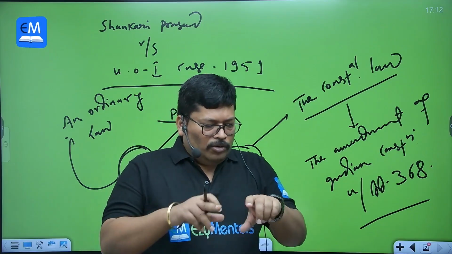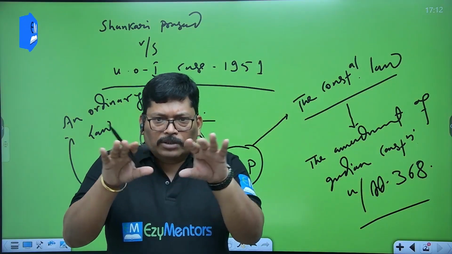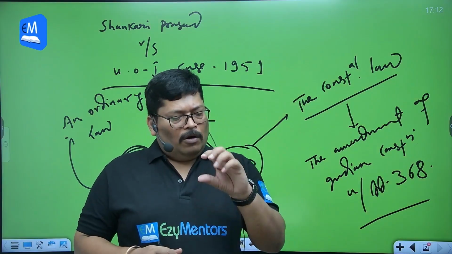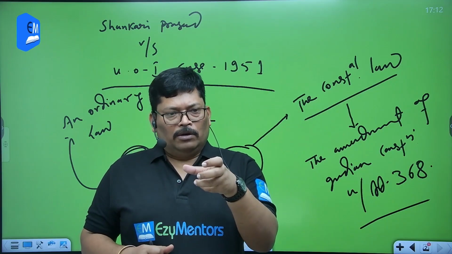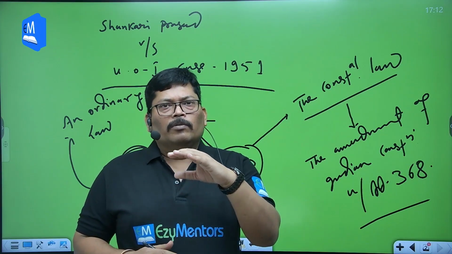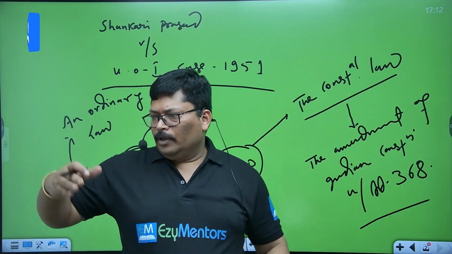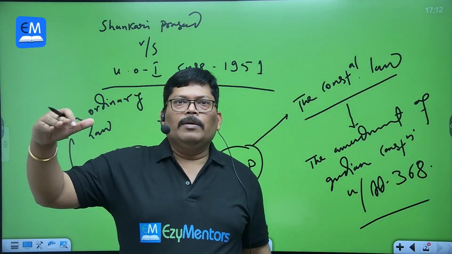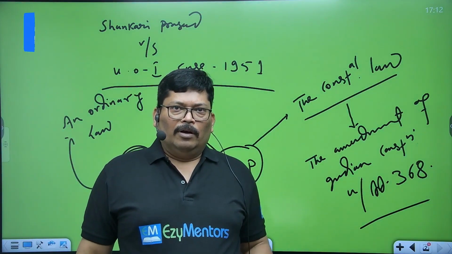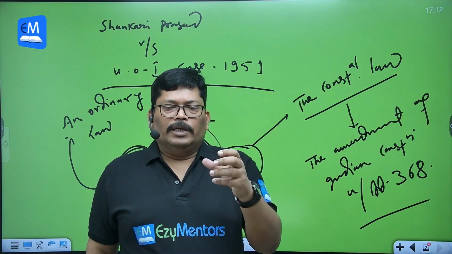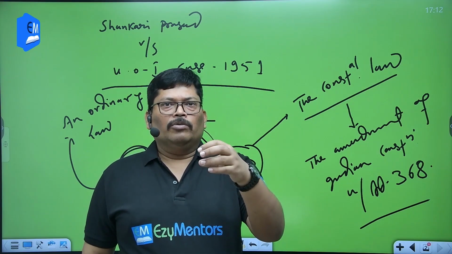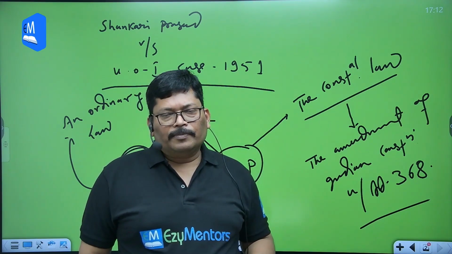Okay, so under the Indian constitutional scheme, ordinary laws and constitutional laws have not been provided with a level playing field. They cannot be put onto the same platform. Ordinary laws are basically subordinate to the constitutional laws.